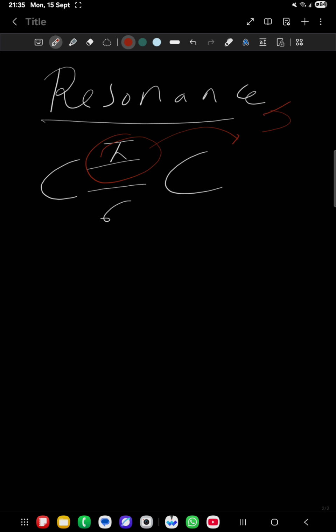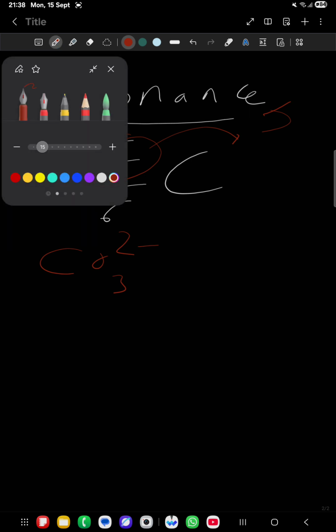In your NCERT book, they have shown you one resonance, and one more resonance which I taught you in the class was of CO3 2- ion, carbonate ion. So let's look at what carbonate ion resonance is about.